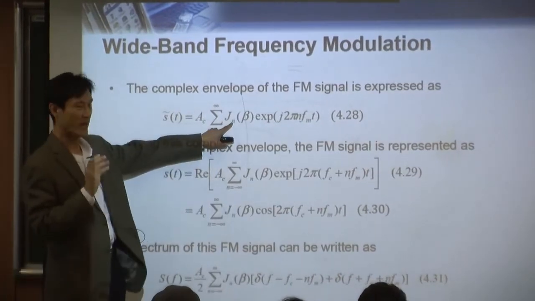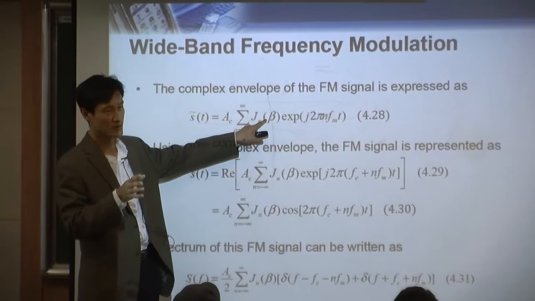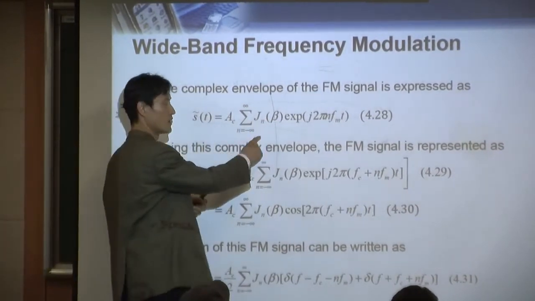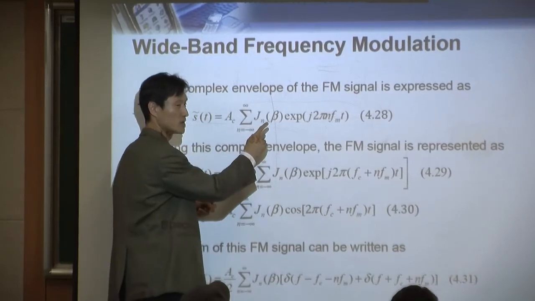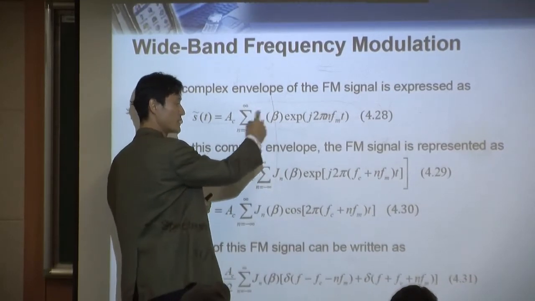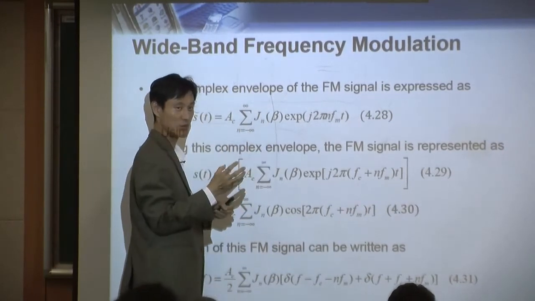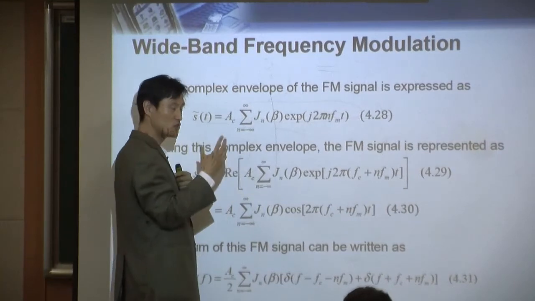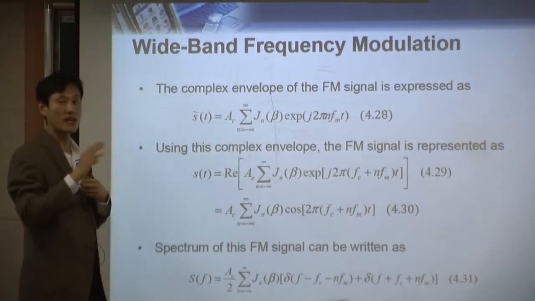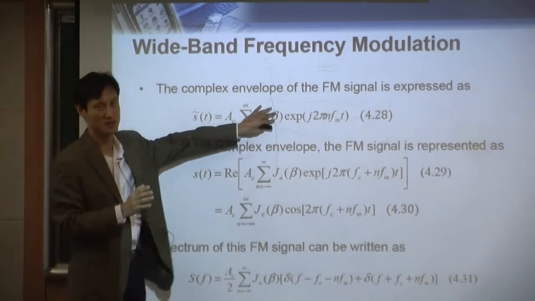When you have a different n or different beta, you're going to get a different value, but still that's going to be constant. Let's say n equals 1 and beta equals 2, then this Bessel function gives you only one value. So this value is constant anyway. When you change n or beta, the Bessel function gives you another value, but still that's constant.